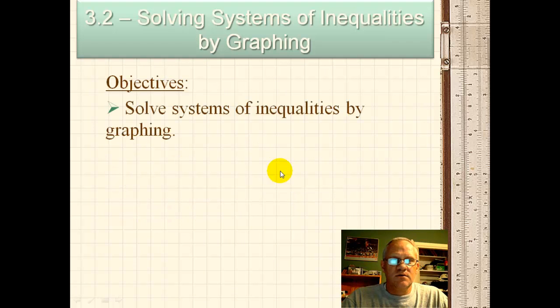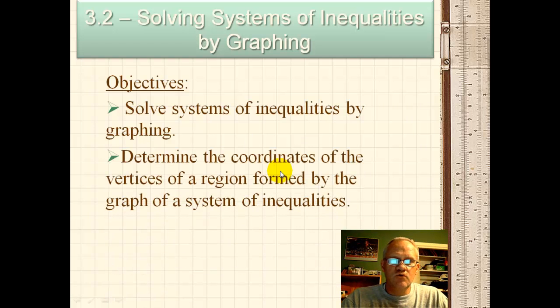And we're going to try to solve systems of inequalities by graphing, number one. Number two, we're going to try to determine the coordinates of the vertices of a region formed by the graph of a system of inequalities. Okay, all that means is we're going to have several inequalities that we're going to graph, and we're going to do the shading, and the shading is going to make a shape.